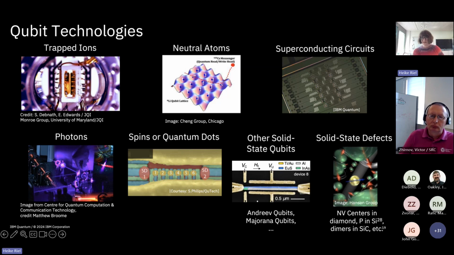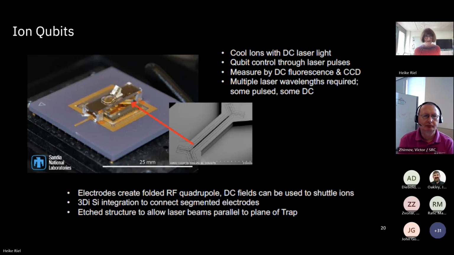Then there are solid state defects like nitrogen vacancy centers in diamond, phosphorus in silicon 28, dimers in silicon carbide. So you see there is a plethora of different physical systems you can use for building a qubit, and there is currently a lot of development in many of those different types of qubits.